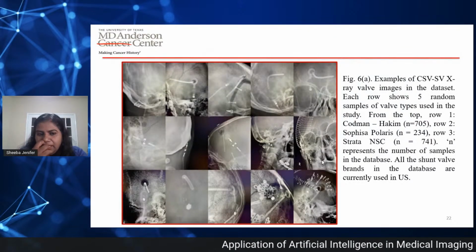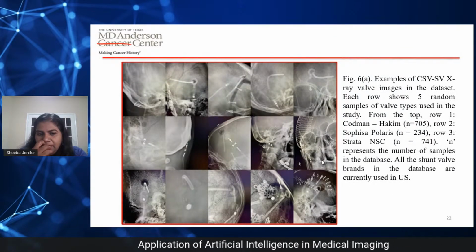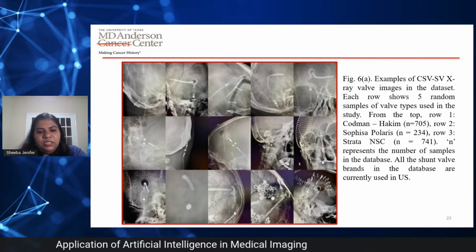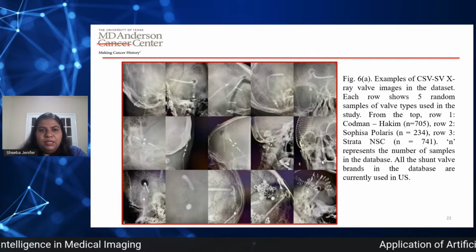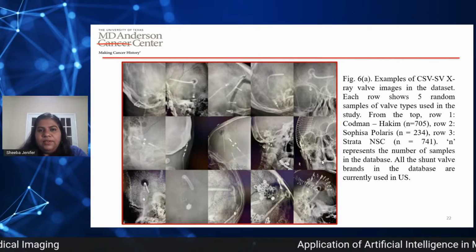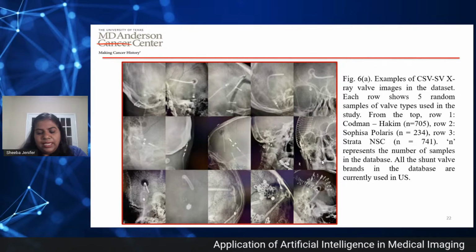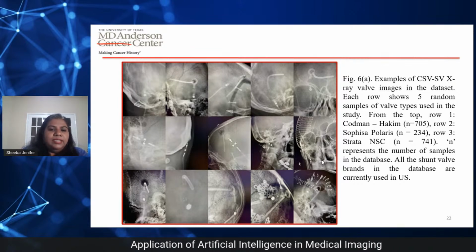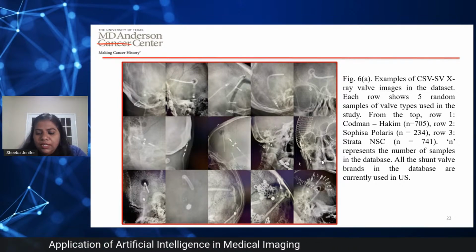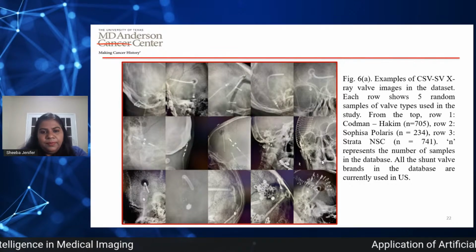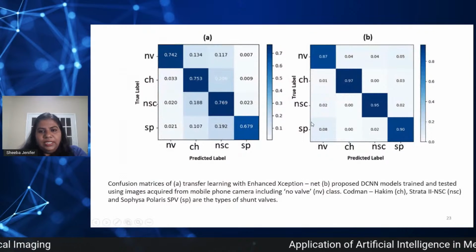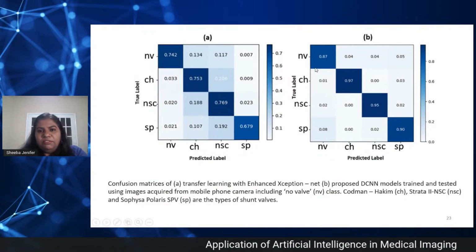So we have been training on these images taken from mobile phones, using a similar model that I showed earlier, right? The architecture is inspired by the VGG 16 model, and we found good classification. The model can accurately classify different types of valves.